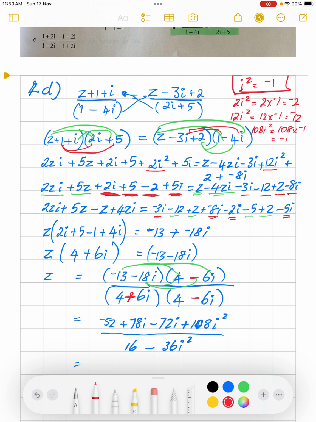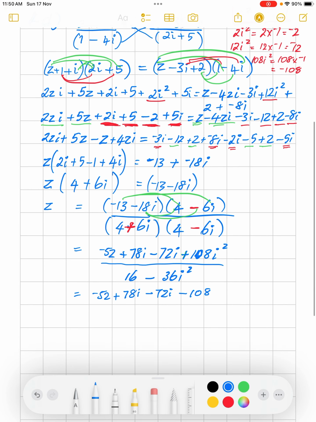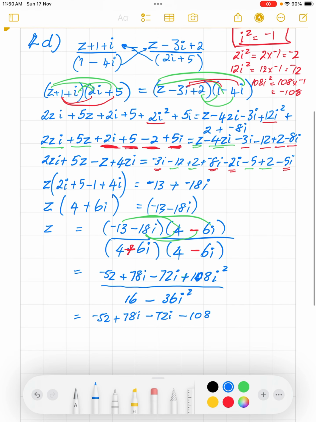We'll replace that with negative 108. And we'll divide that by 16 and minus 36i squared. Well, minus 36i squared is negative 36 times negative 1. We'll replace that with plus 36.